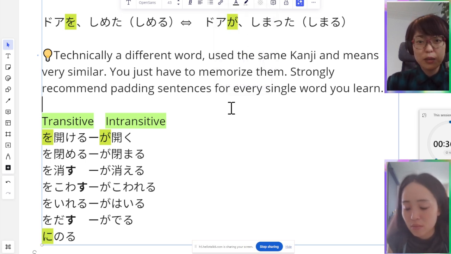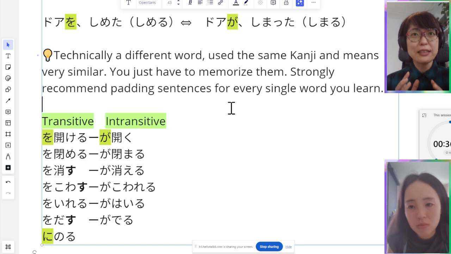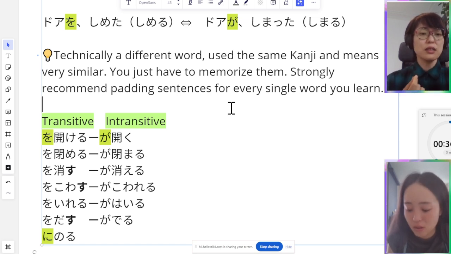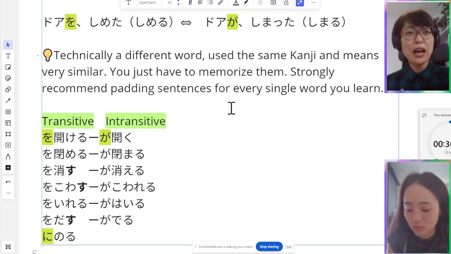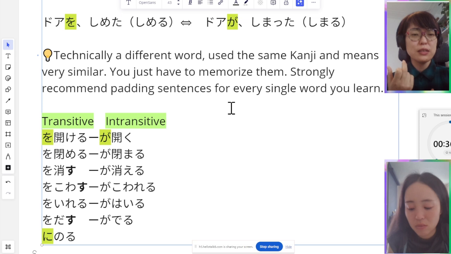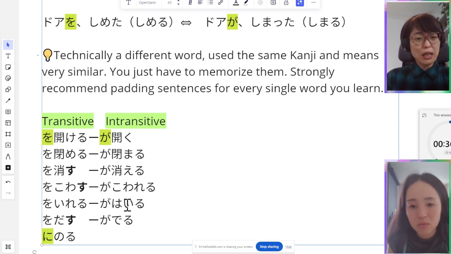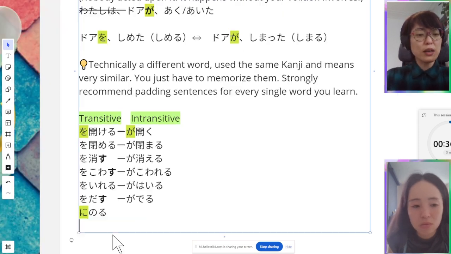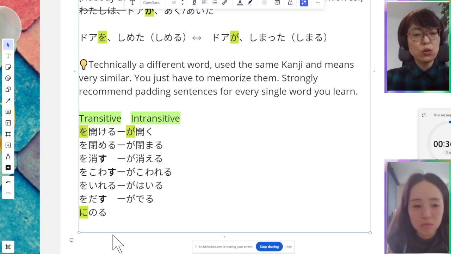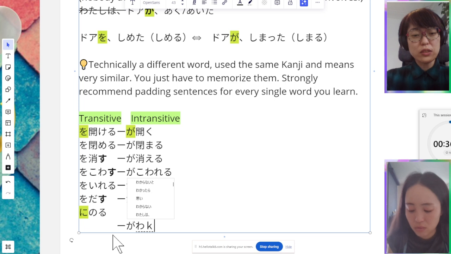Why? Because a verb always takes the same particle. For example, 開く and 閉まる always take ga. That's the standard, so you're going to remember it as a set. For example, 日本語がわかります。日本語がわかりません。You see? Always use the わかる ga particle.